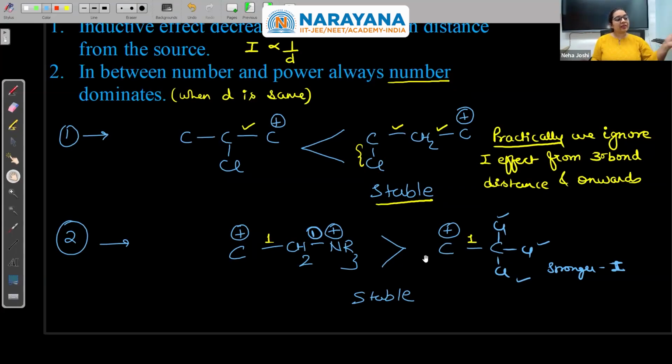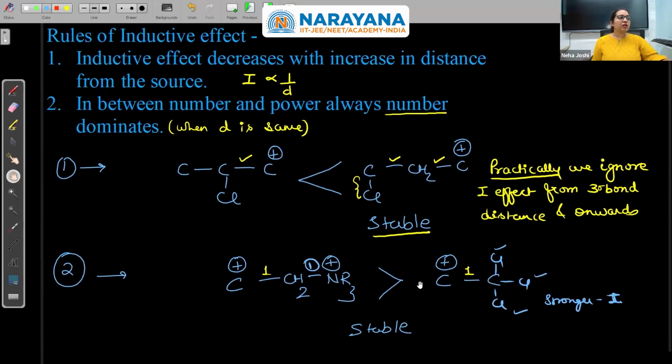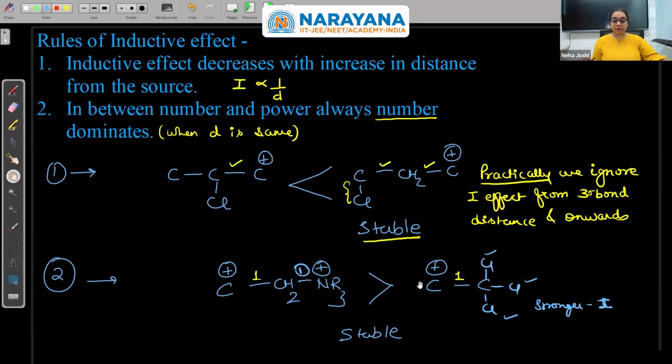If the question is that distance is changing, number is changing, and power is also changing, then the only thing you will consider for comparison is distance. More the distance, less the inductive effect. That is the most important criterion for inductive effect.